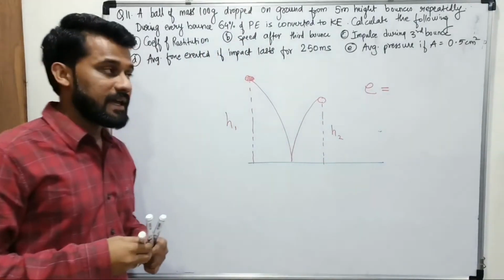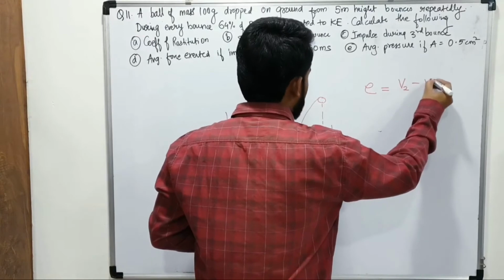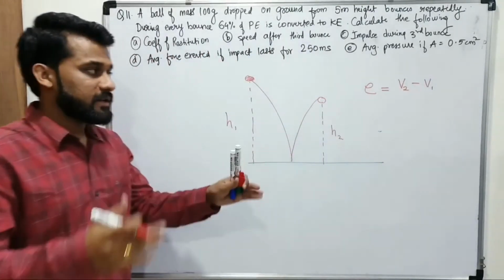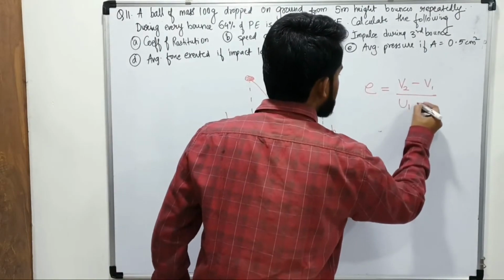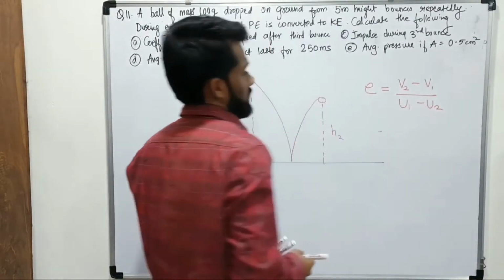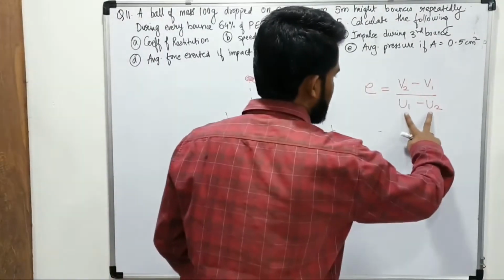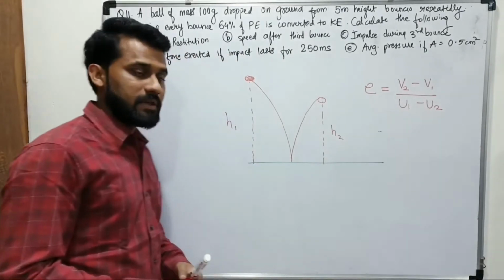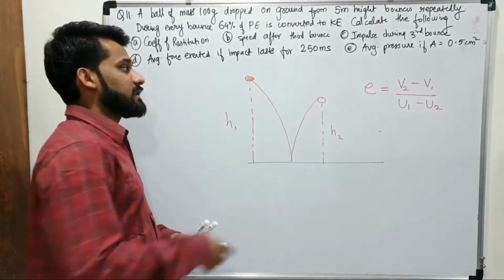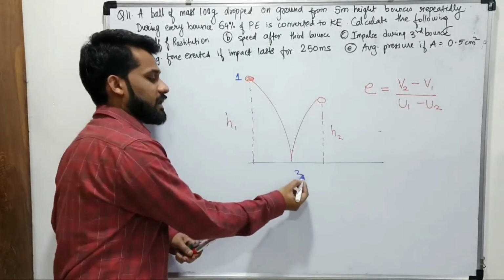So what is the definition of coefficient of restitution? It is defined as the relative velocity of separation of two objects after collision, to the relative velocity of approach, that is, before collision, when they come close to each other. In this case, the first object is the ball and the second object is the ground.